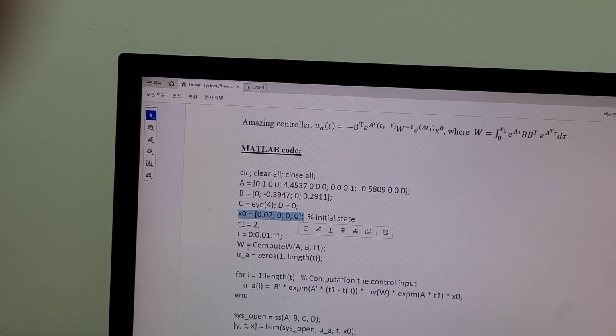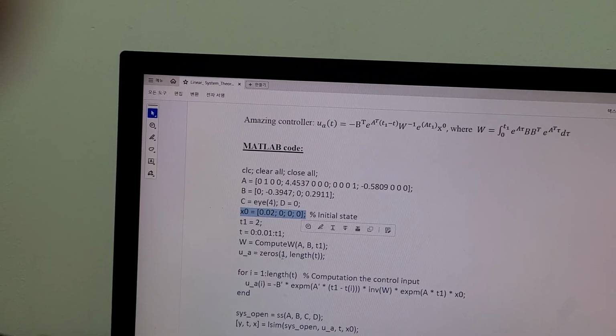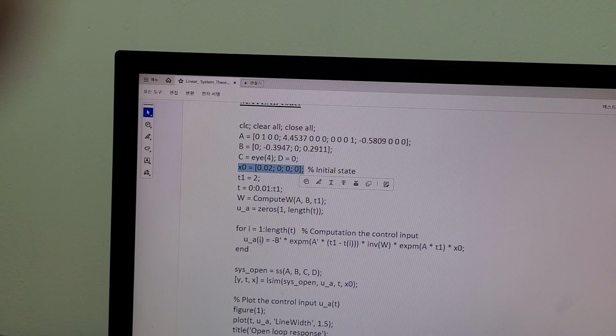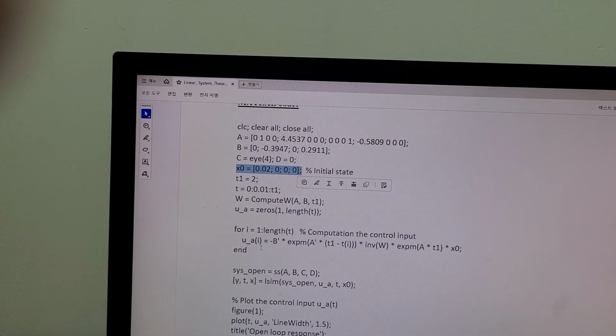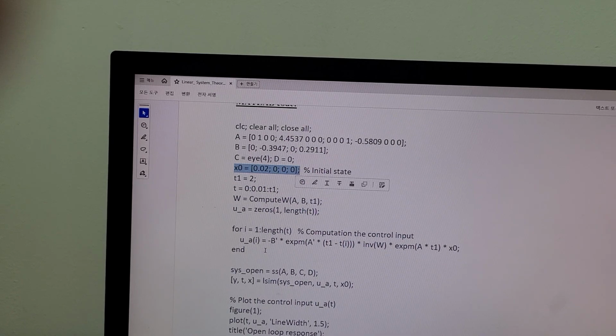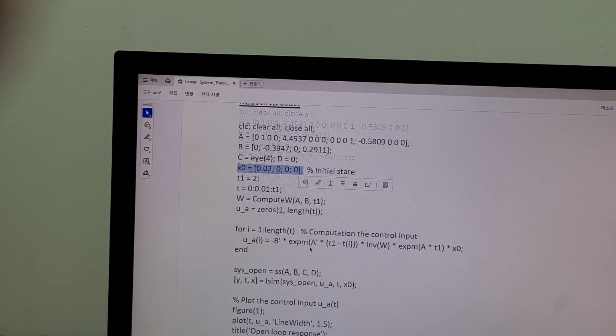In this case, this is W, the controllability Gramian. This is the vector defined here. Similarly, we can calculate u(t), the computation of the control input here. This is the given relationship, and we are numerically calculating it over here.